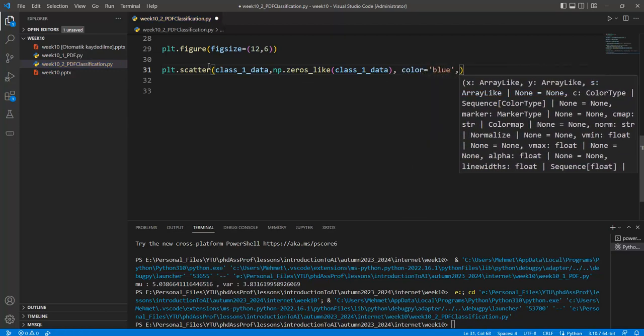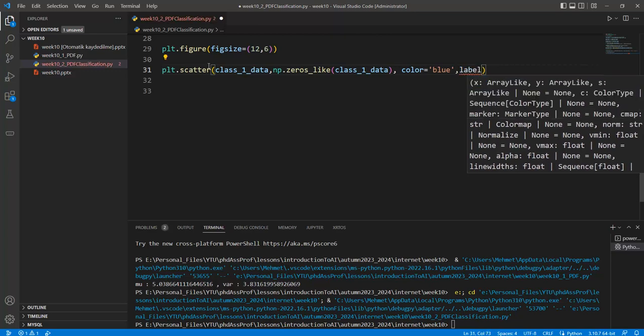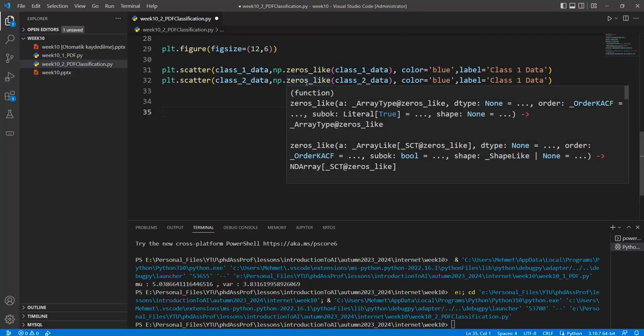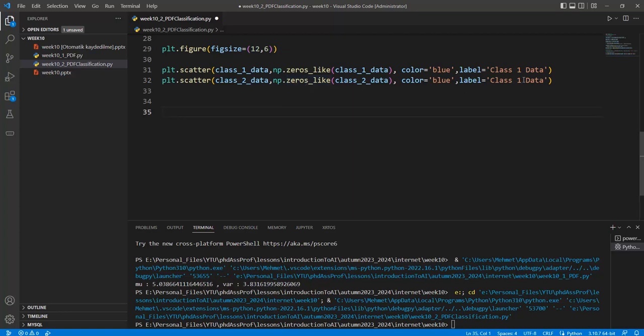And label equals class 1 data. Okay, and also we give the class 2 data, but in this case we should assign zeros.